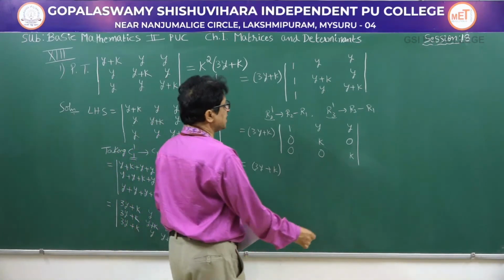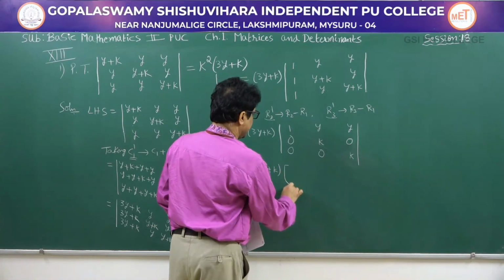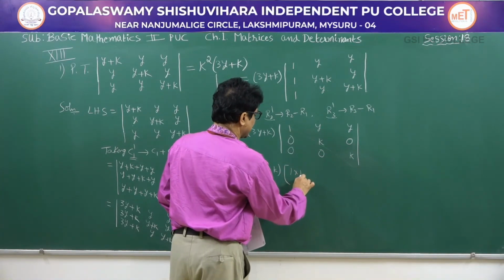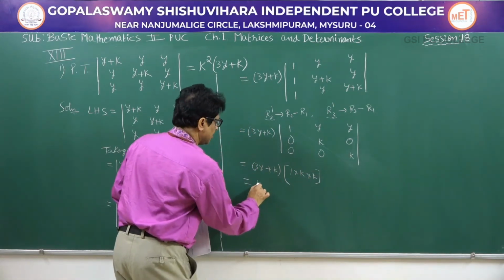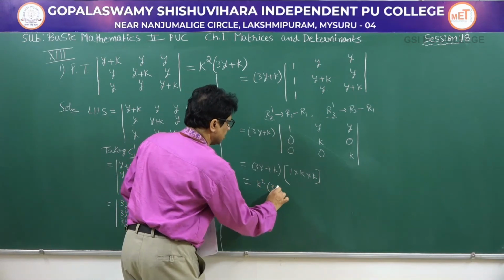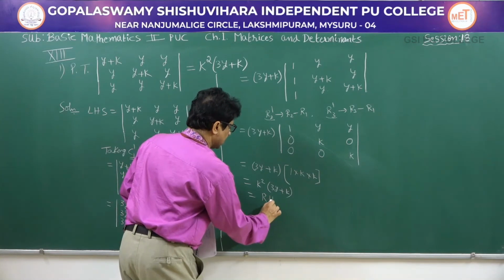So here the principal diagonal elements are 1, k, k, that is 1 into k into k. So that will be equal to k square into 3y plus k, which is equal to RHS.